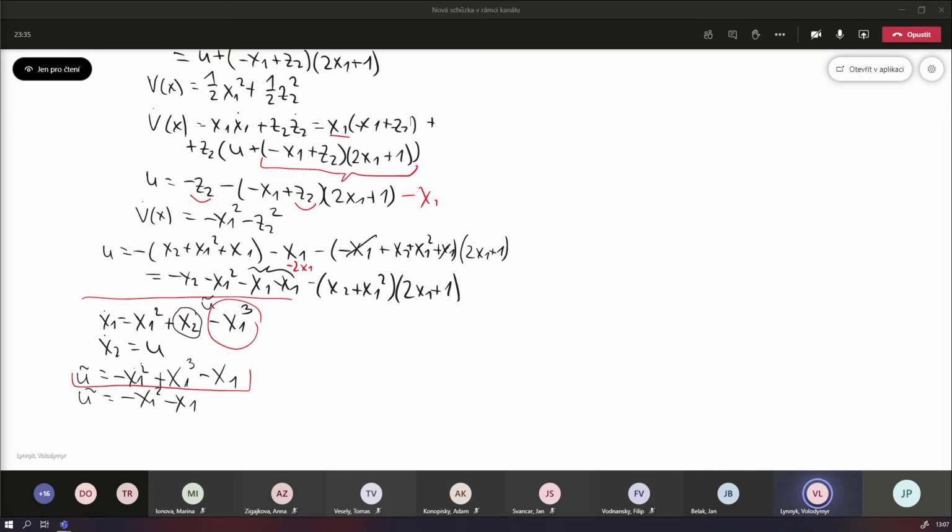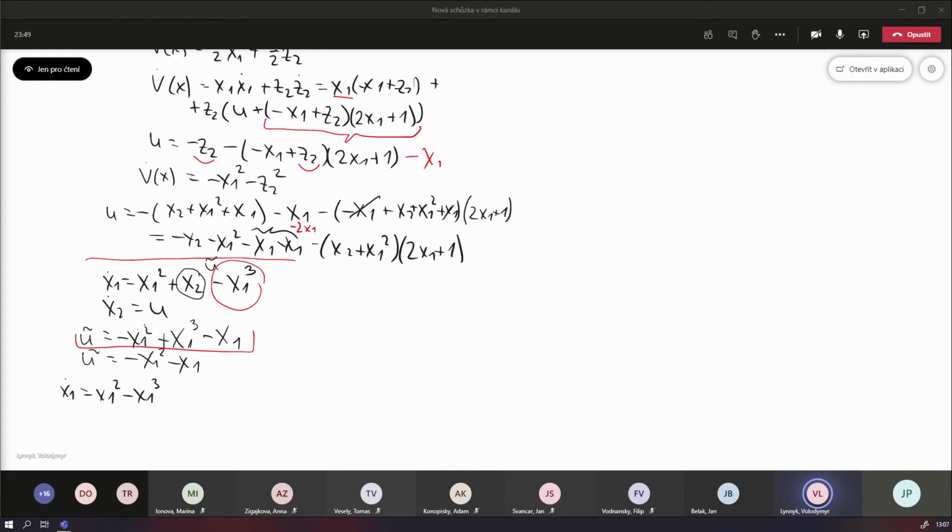This first u wave, put it into the first row, and x1 dot equal to x1 squared minus x1 cubed plus this u wave, which equals x1 squared minus x1 cubed plus x1 cubed minus x1 squared and minus x1.